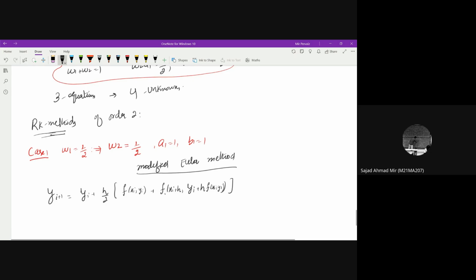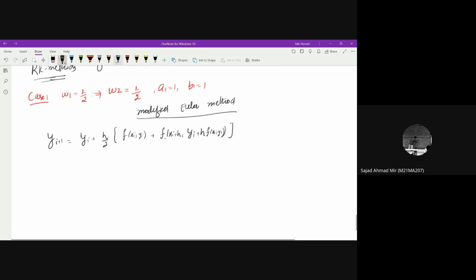Now you may have some other values, some another case. This system has infinite possible cases, but some are famous cases which have some names. For particular values, let's say w1 we are tuning as 1 by 3, with this we will get w2 as 2 by 3. A1 and B1 are getting 3 by 4 value.